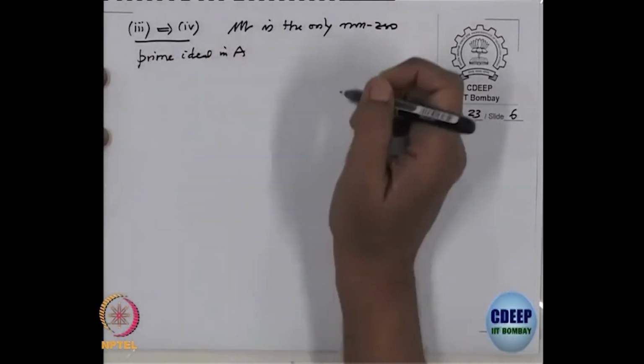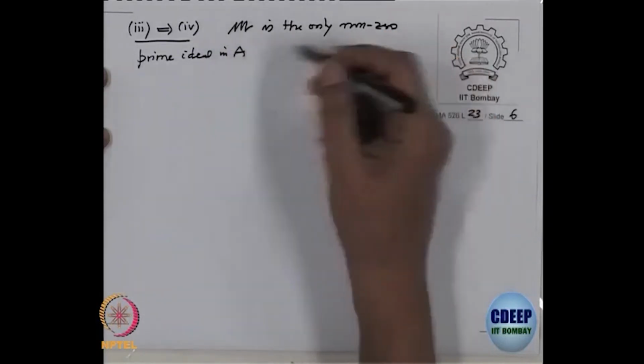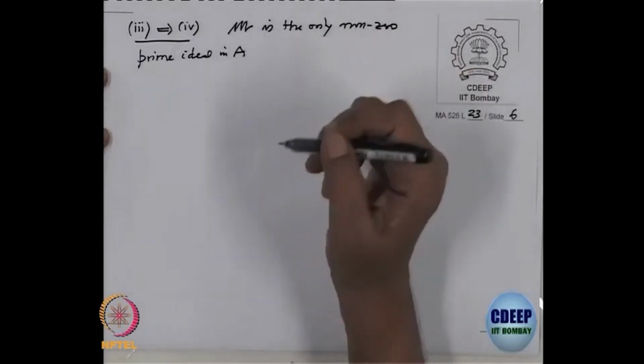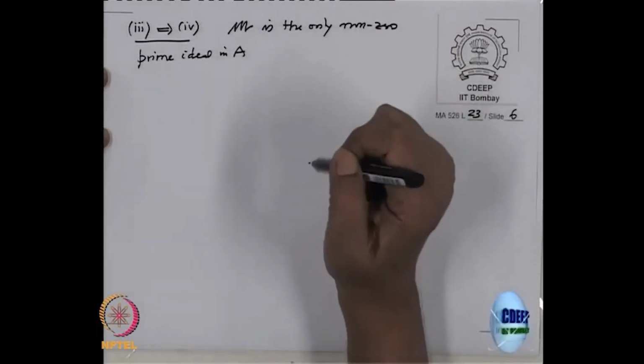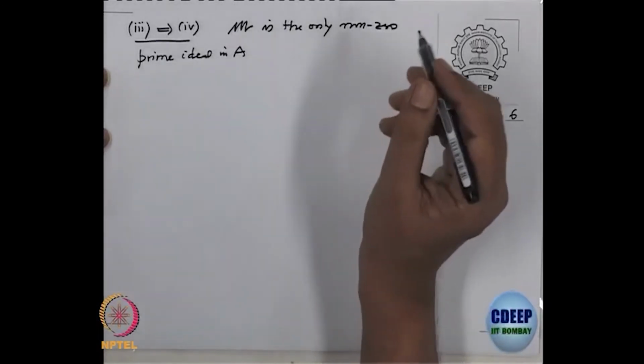Because dimension is 1 and it is local. If there was a prime ideal different from non-zero and different from M, it would be contained in M and the dimension will increase. So, this is the only maximal ideal, this is the only non-zero prime ideal.